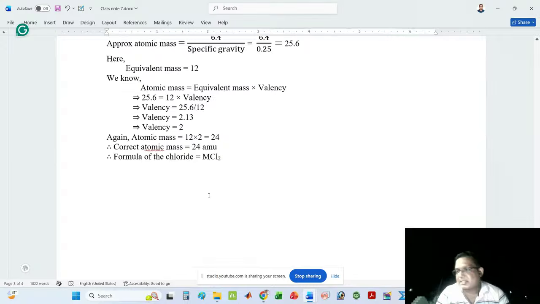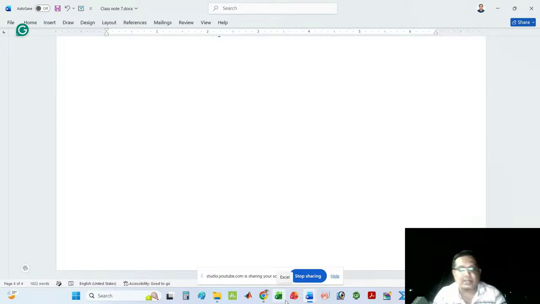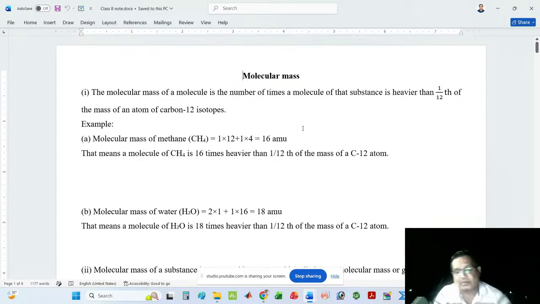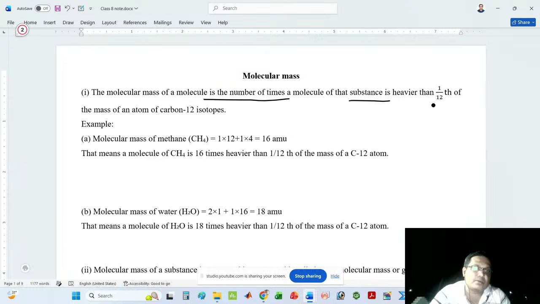Next, in this class, I will discuss about the molecular mass. Here, we can clearly explain about the molecular mass. What is a molecular mass? The molecular mass of a molecule is the number of times a molecule of that substance is heavier than 1 by 12th of the mass of an atom of C12 isotope.